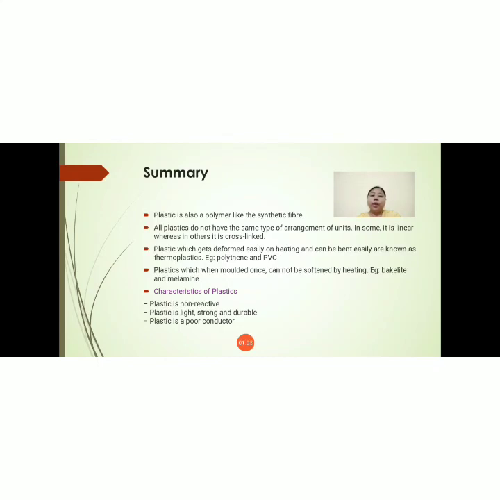Plastic which when molded once cannot be softened by heating is called thermosetting plastic, and the examples are bakelite and melamine. The characteristics of plastics are: plastic is non-reactive, plastic is light, strong and durable, and plastic is a poor conductor of heat and electricity.